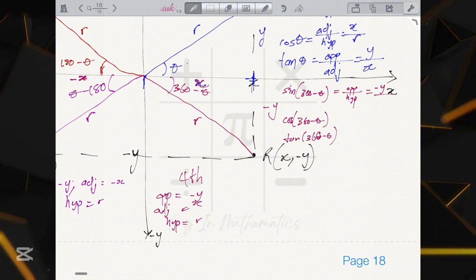The hypotenuse is r. Cos in this case is adjacent over hypotenuse. Adjacent is simply x, and the hypotenuse is r. And also tan is opposite over the adjacent. The opposite is minus y, the adjacent is x.